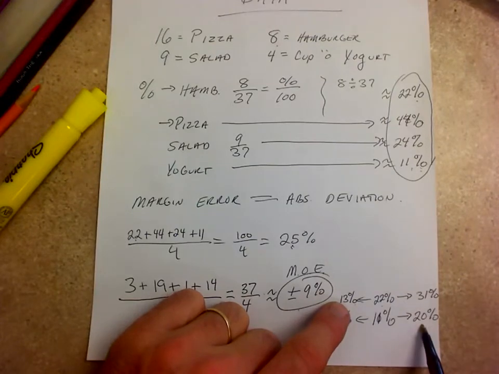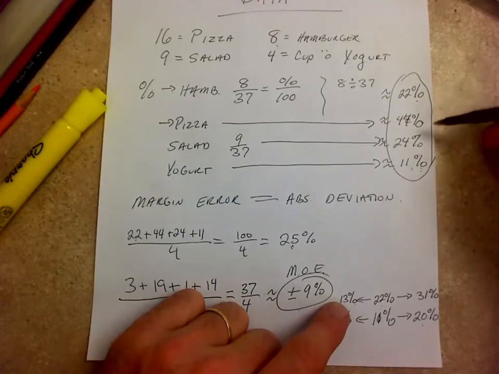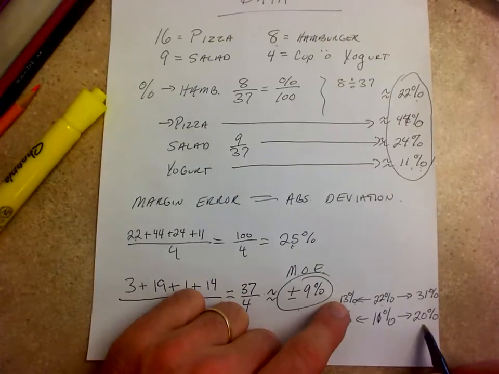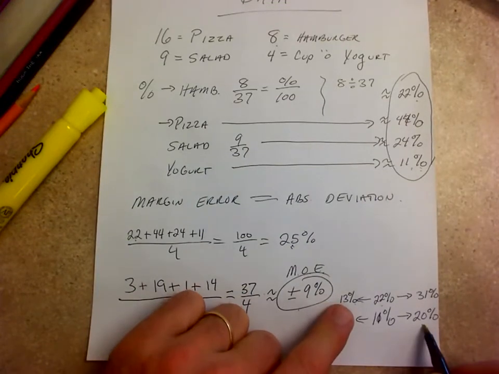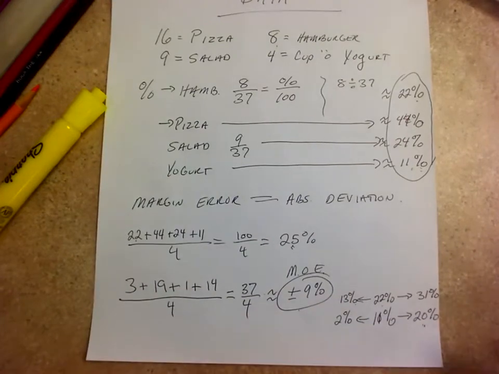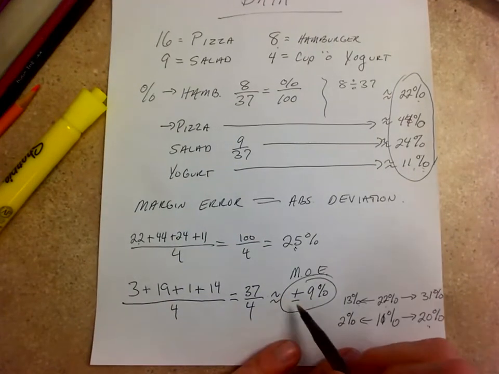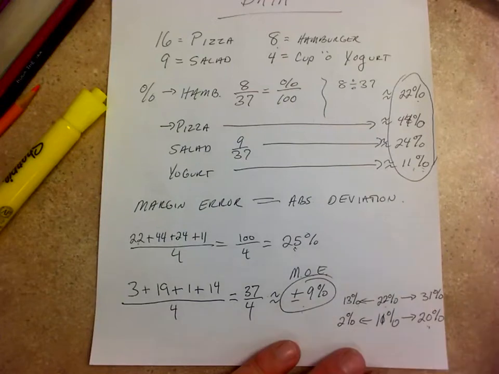Yogurt, best case scenario, 20%. So we cannot say that yogurt is the least favorite. Best case, yogurt finishes above hamburger on its worst day. So we could say that it's too close to really say for sure that yogurt is the least favorite. And again, that's based on a margin of error here.